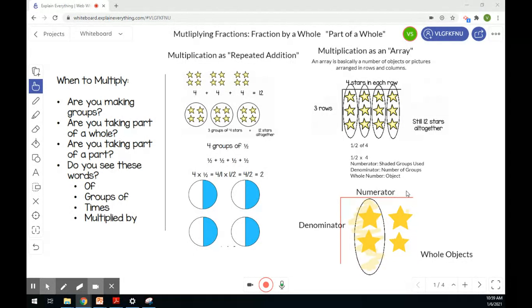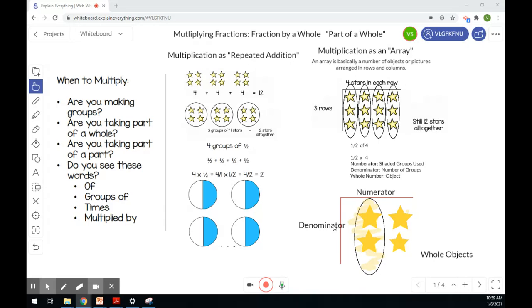So if my numerator is 1, I'm only using 1 of the 2 groups in my array. Then when I circle it, I notice I only have 2 stars. So my answer is 2.